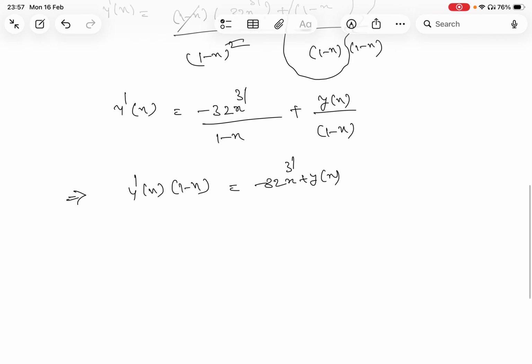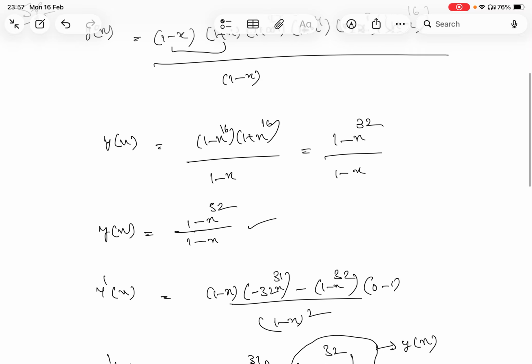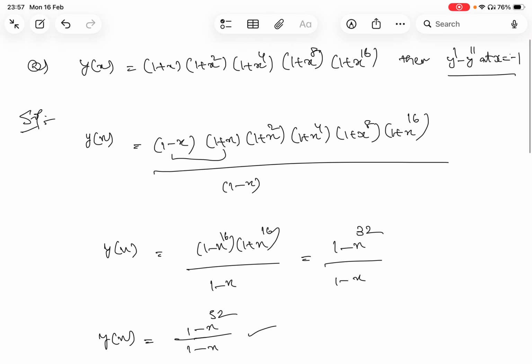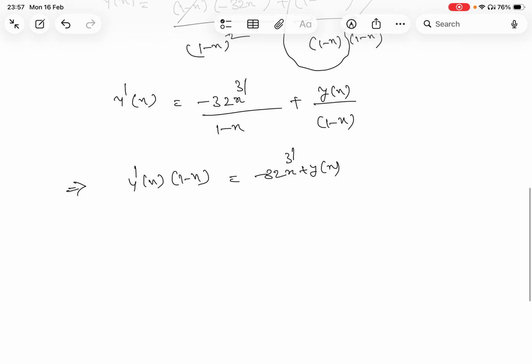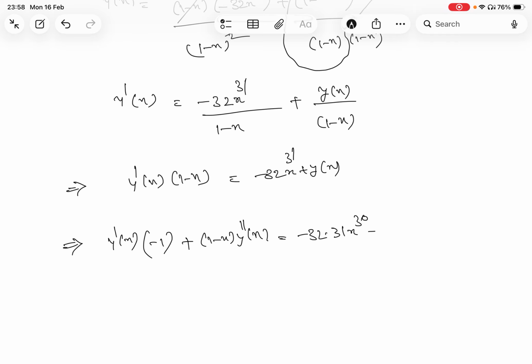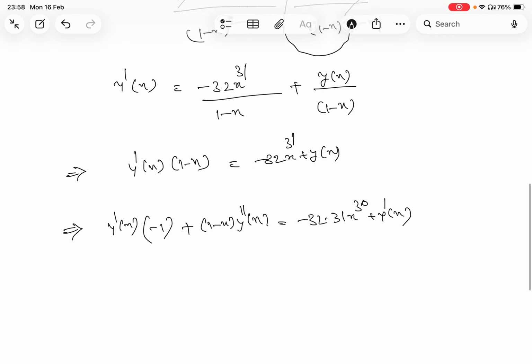Now let's differentiate, because in the question it was given y dash minus y double dash. After differentiating for the second time, we get y dash of x into 0 minus 1, plus 1 minus x into y double dash of x is equal to minus 32 into 31 into x power 30 plus y dash of x.